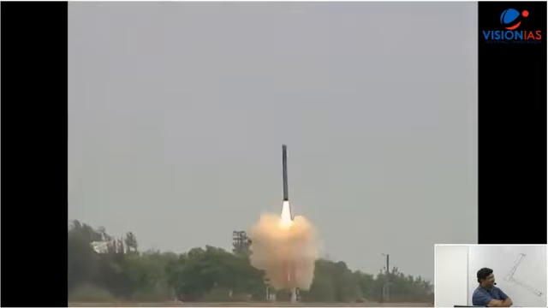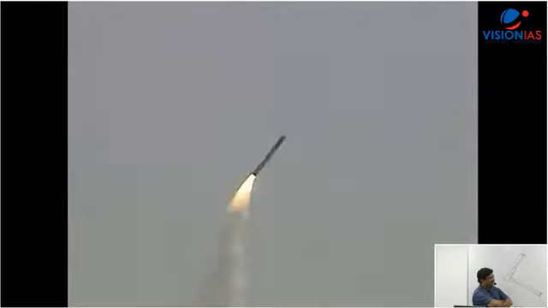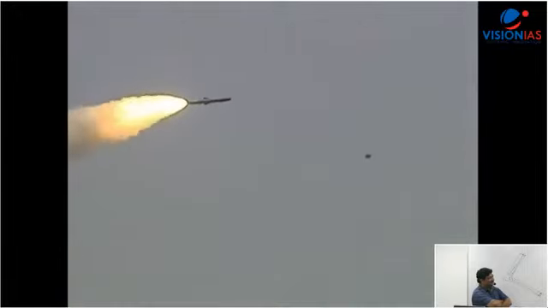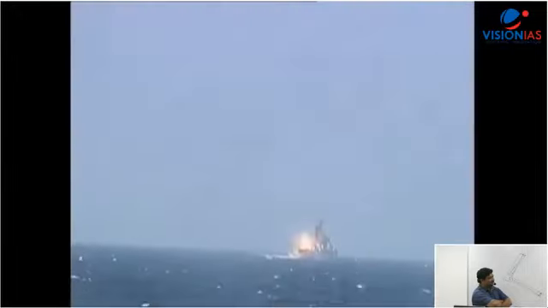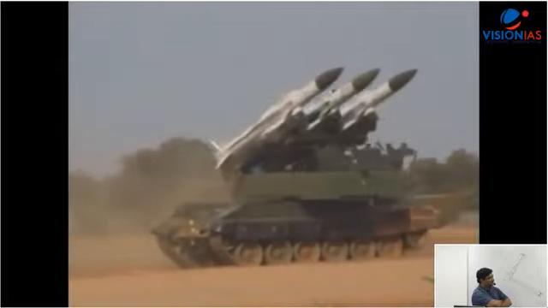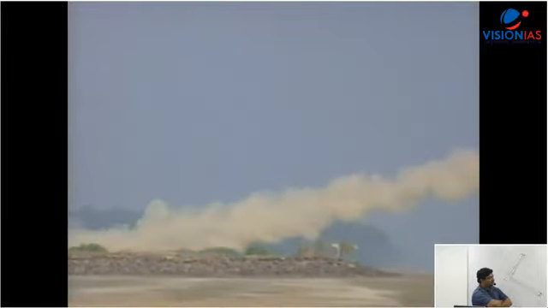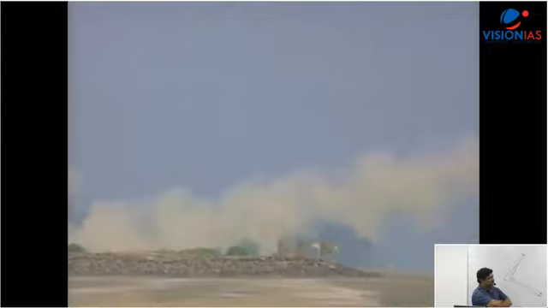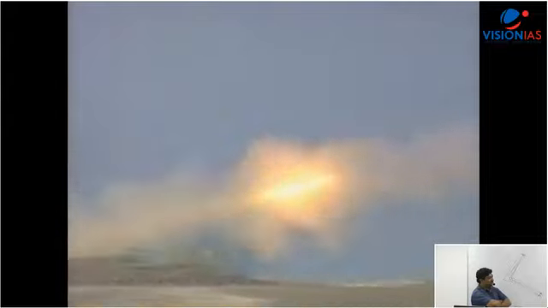An Indo-Russian joint venture, BrahMos, the world's first supersonic cruise missile, which can be launched from land and sea, has been successfully inducted into the Indian Armed Forces. Akash, the highly agile anti-aircraft surface-to-air missile with multi-target engagement capability, has been inducted into the Indian Armed Forces.